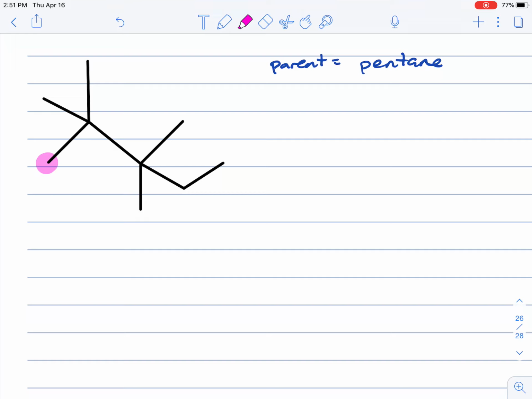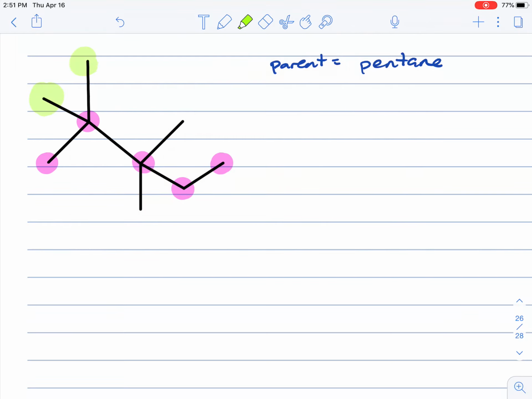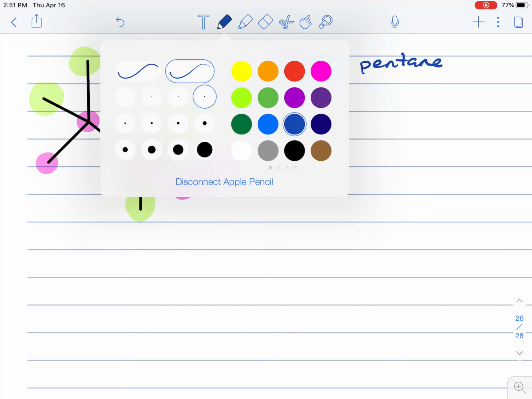So if I do this, 1, 2, 3, 4, 5, that would make this and this a substituent. Okay, so everything in green is going to be a substituent. Everything in pink is going to be my parent chain.